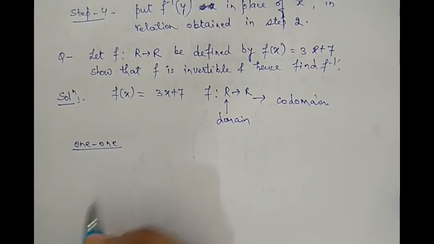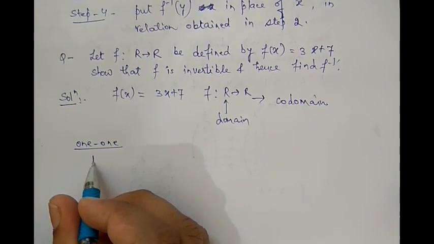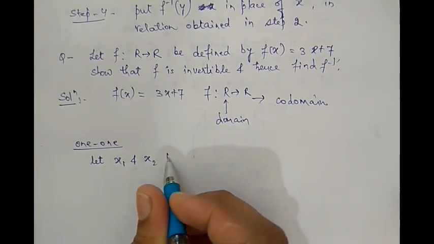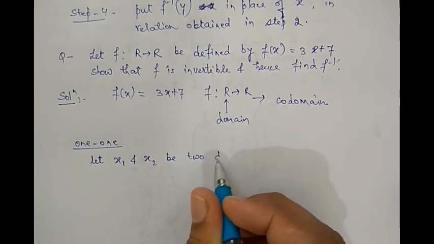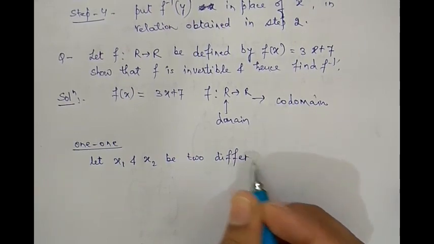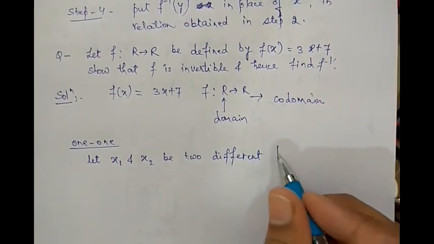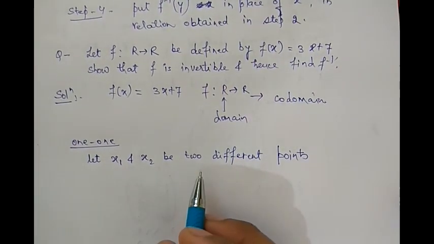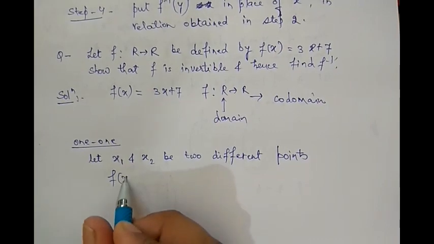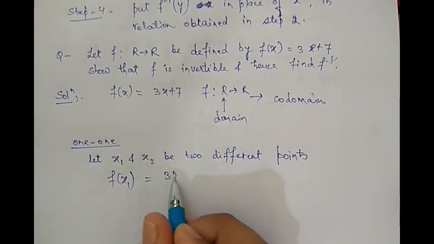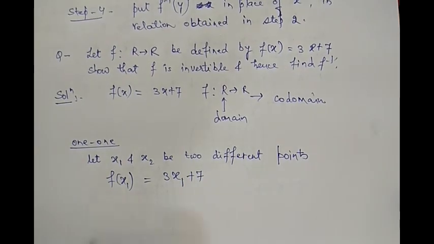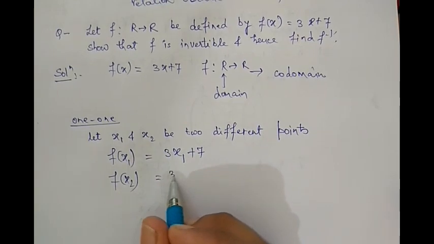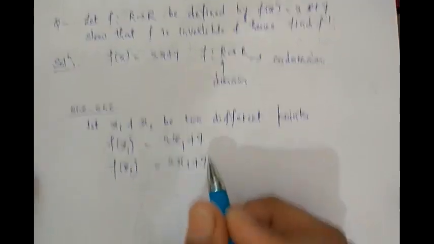Now when we want to check whether the function is one-one or not, the first step for that, you will write, let x1 and x2 be two different points. Now we will write f at x1, that is 3 times x1 plus 7, f at x2, that is 3 times x2 plus 7.